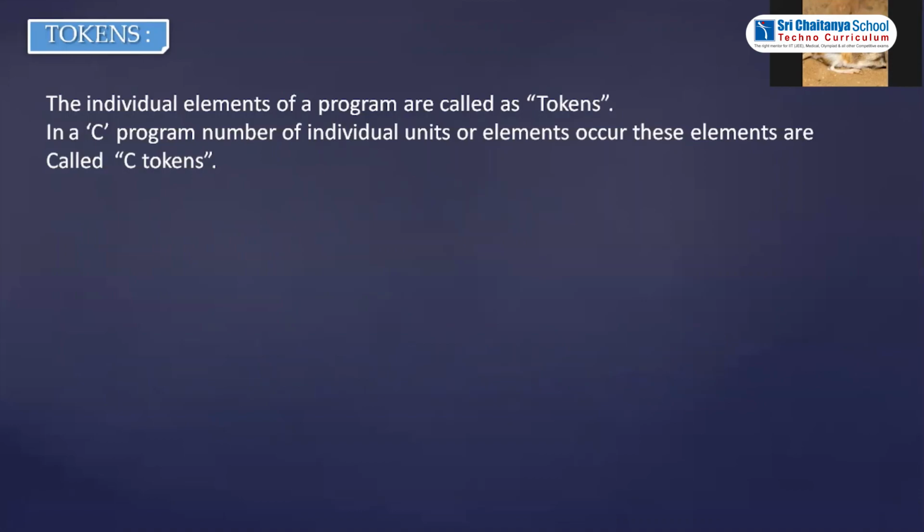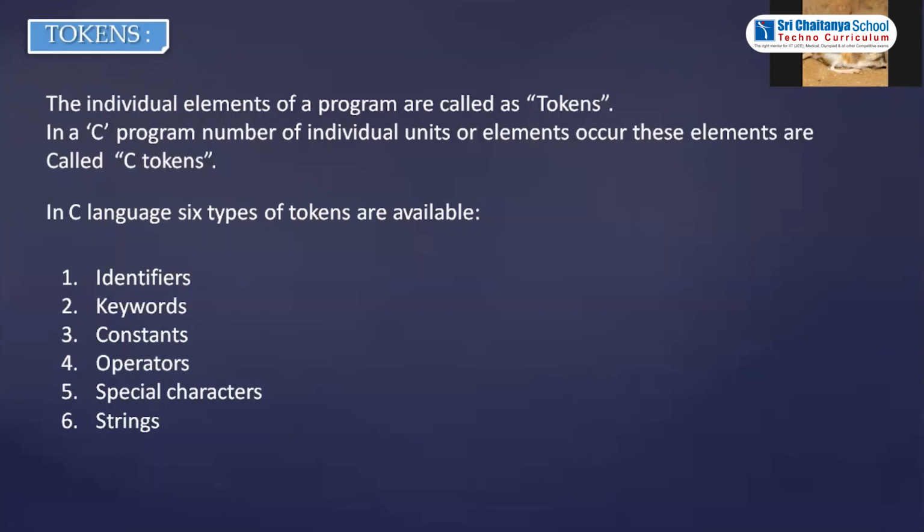So what are the elements that can be used in a program? We have 6 types of tokens, and those 6 types are identifiers, keywords, constants, operators, special characters, and strings. Now let's see in detail one by one.